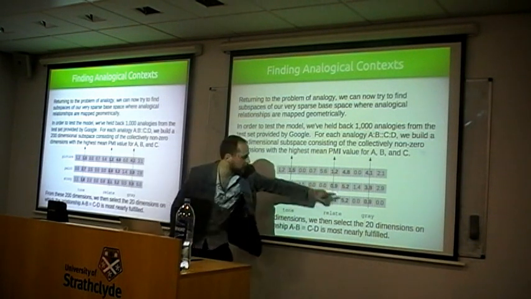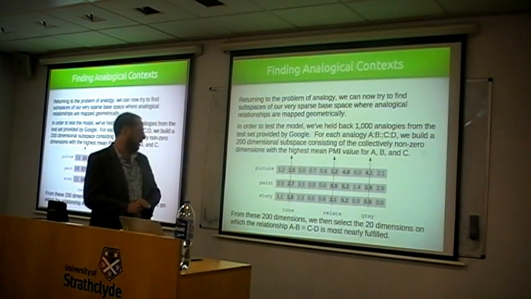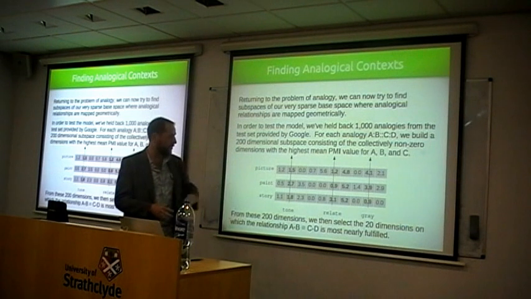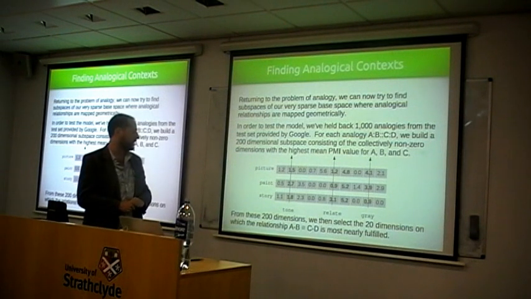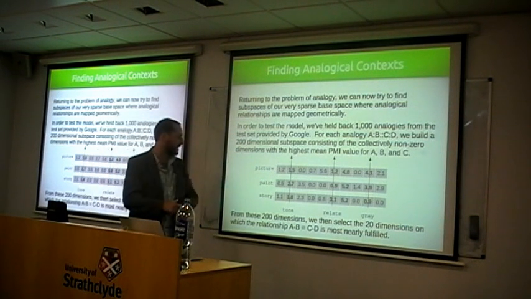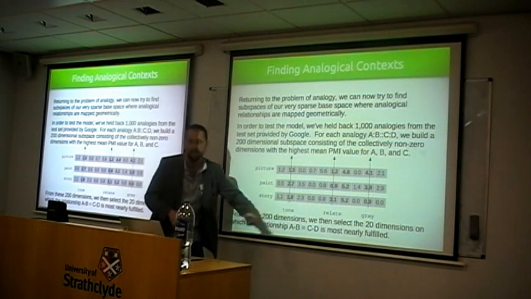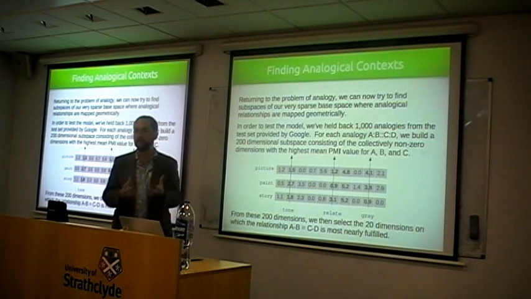And there was a fourth one here I forgot to label, sorry about that. And then once we've selected this 200-dimensional subspace, we're going to choose the 20 dimensions in that subspace where the relationship A minus B equals C minus D is most closely fulfilled.